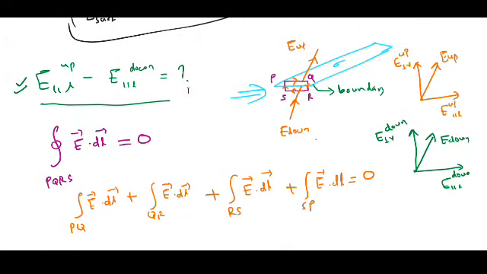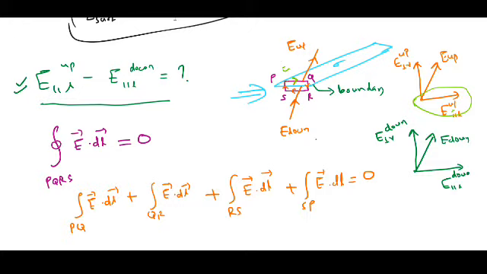Then if you check this figure, along this path PQ, the electric field that is parallel to the path PQ is our E parallel, because the PQ region lies in the upper side region.